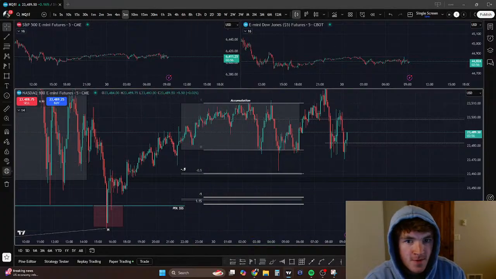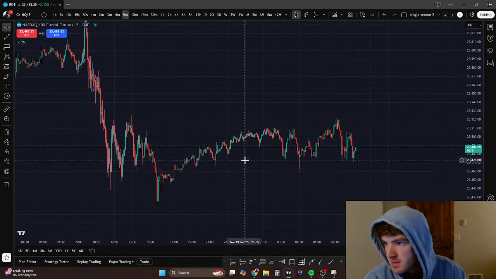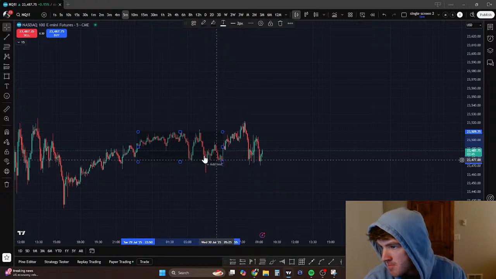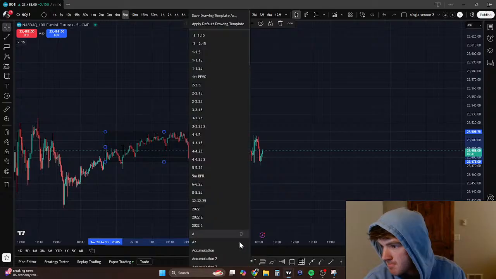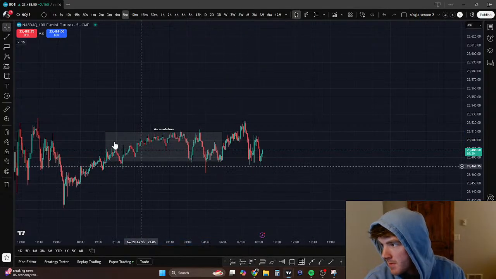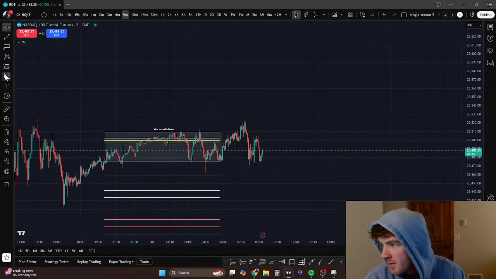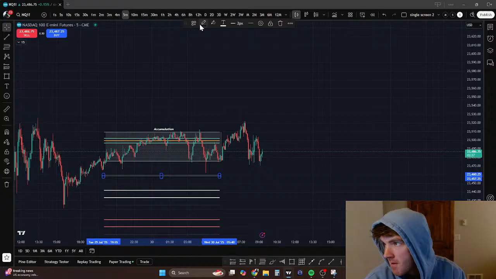So switching over to my other screen, right? Accumulation. And then, here's that 0.5. Honestly, that's the first area that I think it could go, is that 0.5.